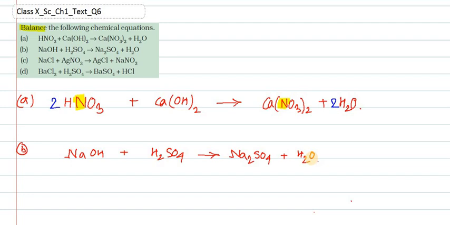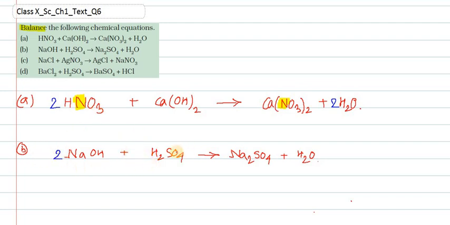Whenever you see H2O on either side, we will balance the oxygen and hydrogen at the end. Let us balance the other elements first. Let's balance sodium first. On the left hand side we have one sodium, whereas on the right hand side we have 2 sodium. So let me put this 2 here. So this is 2 NaOH.